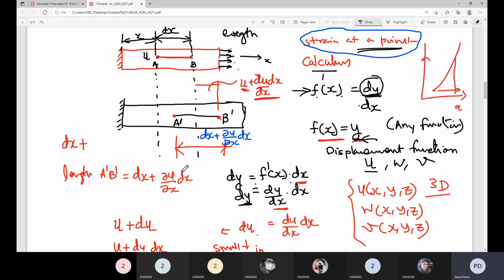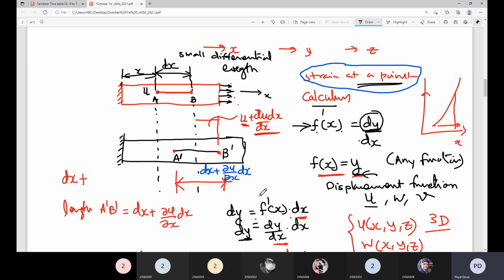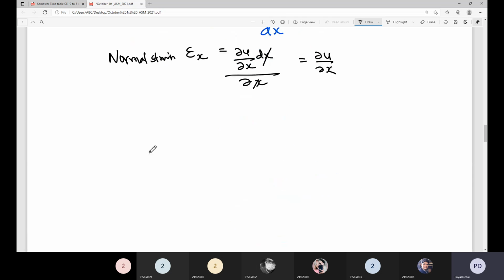Because ultimately we are projecting the XYZ component of that, that is UVW. So it's just already the normal translation, okay, and strain. So if I take y axis and I want y component, projection on y component, that is V. So strain in y direction, normal strain in y direction will be similar.